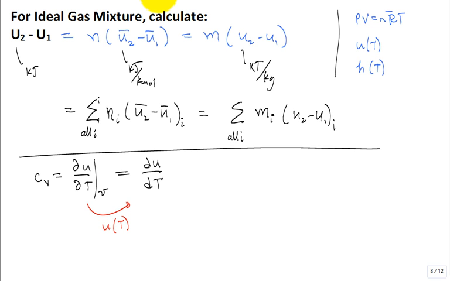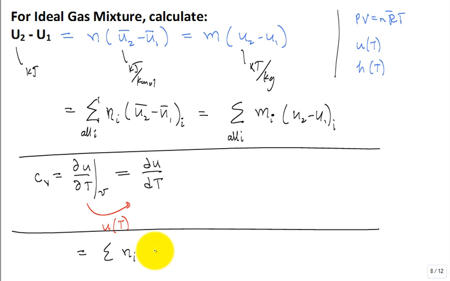So if I wanted to make this calculation up here with that information, I'd say, okay, sum over the amounts times the specific heat at constant volume of each of those components times the temperature change of the component. Make sense? So you do the sum over all the i's.